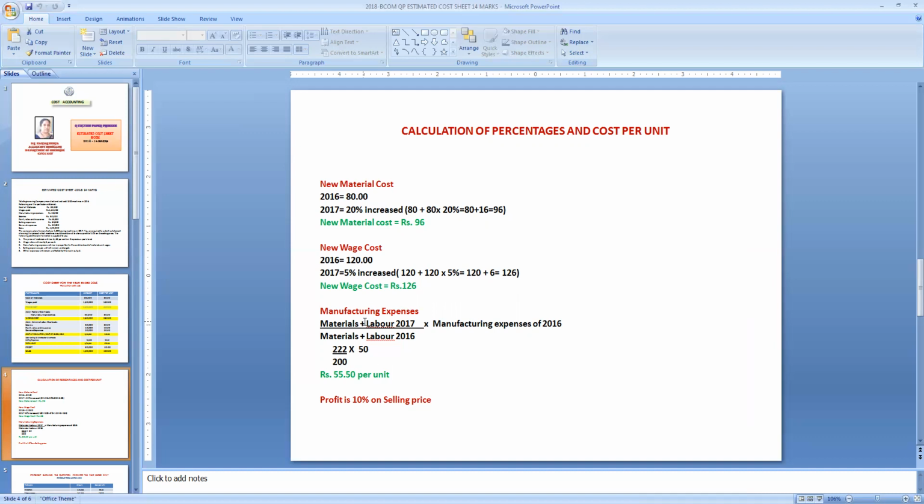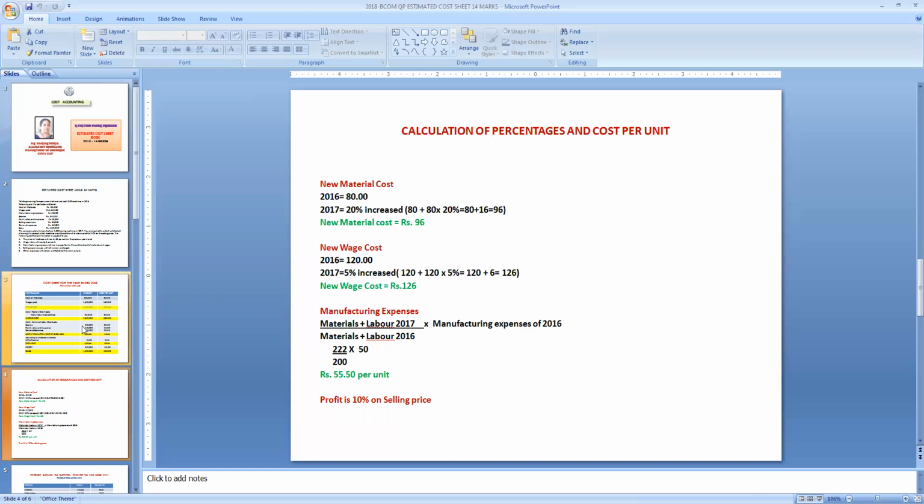Now we'll have to calculate the manufacturing expenses. Here we have to calculate the manufacturing expenses on the combined cost of materials and wages, which is nothing but labor. So the material and wages for the year 2017 has to be calculated by dividing the material plus wages value of 2016 into manufacturing expenses of 2016.